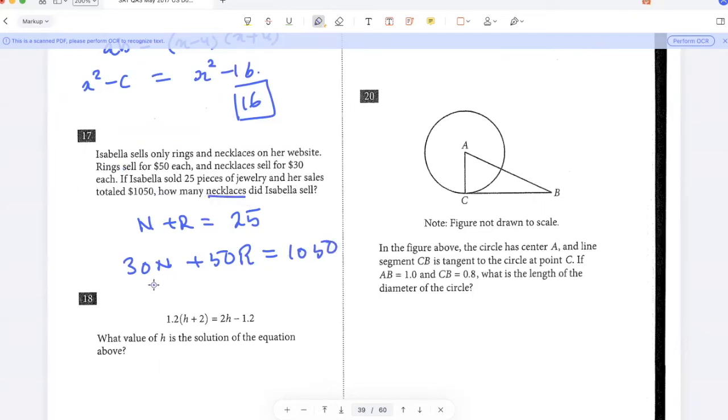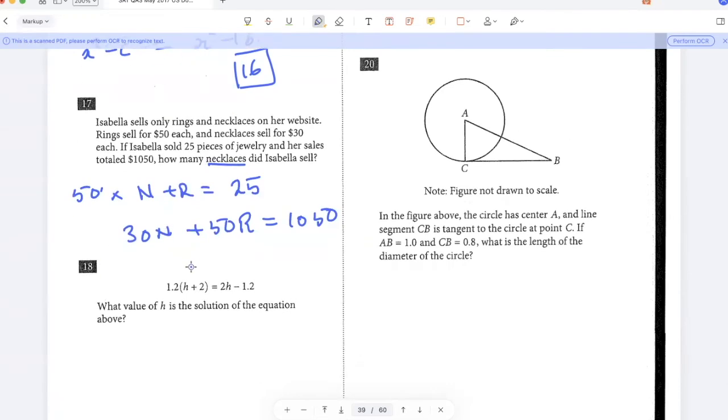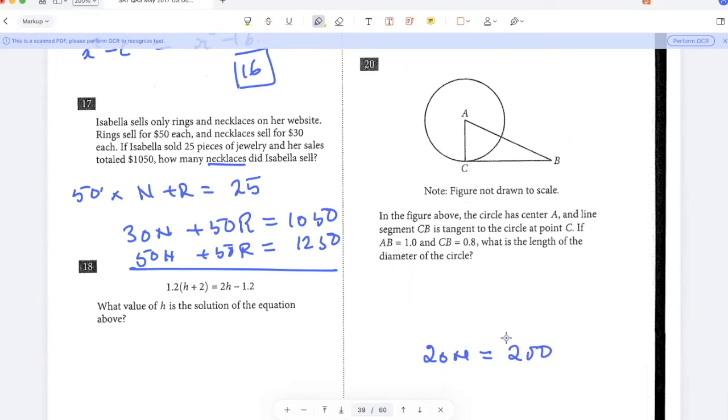So let's multiply the first equation by 50. So I get 50N plus 50R is 1250. And then if I subtract the second equation from this, 20N is 200. So N is 10. So 10 necklaces.